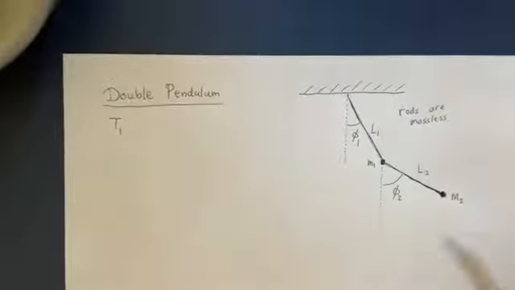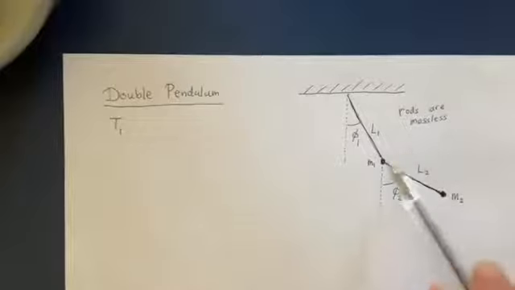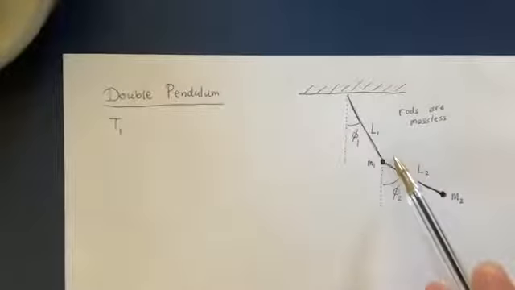Okay. You can repeat this problem with massive rods. The level of difficulty is actually the same, but just a little more bookkeeping. So for simplicity, let's have these rods be massless.